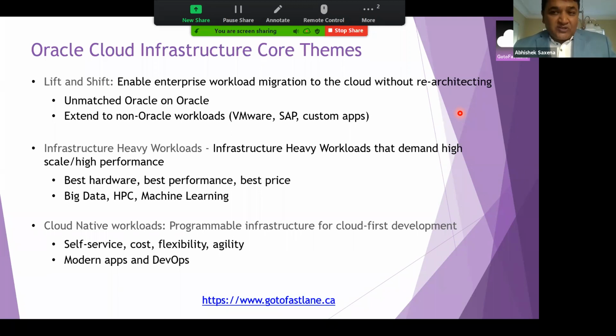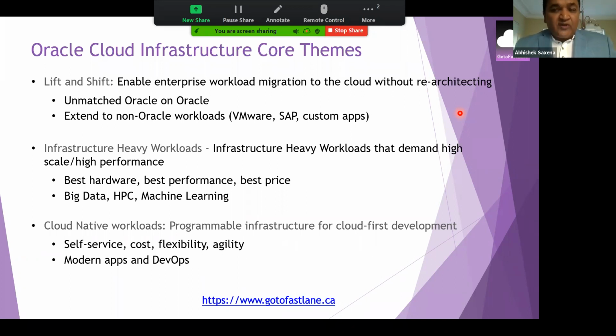When you copy your on-premises environment to the cloud environment, that is lift and shift. You don't need to change anything, any IP, or any DNS or domain name. Just lift, make the image of that particular software, store it in object storage, and from object storage you can provision your instance on the cloud. That's what lift and shift is all about.